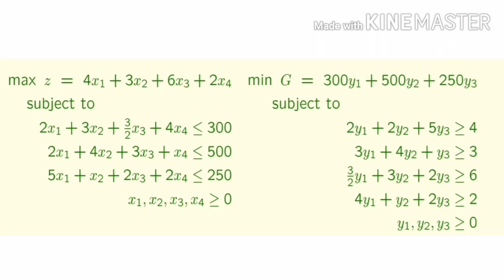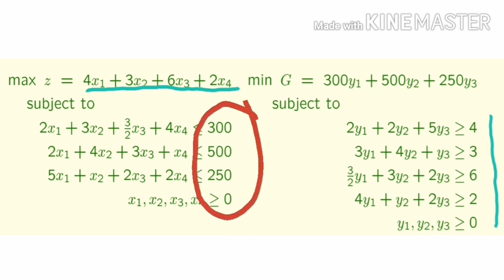One thing we note here: the cost vector in the primal problem has now become the requirement vector in the dual problem. Also, the requirement vector in the primal problem has become the cost vector in the dual problem.